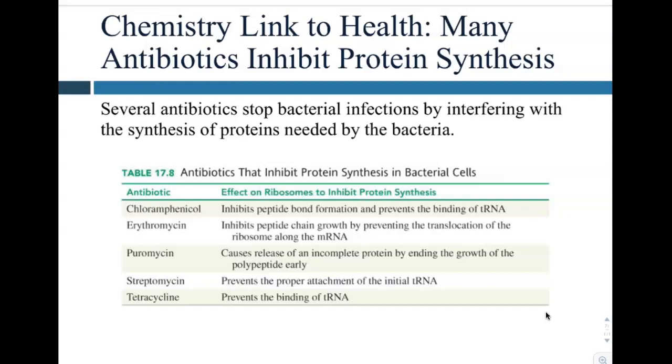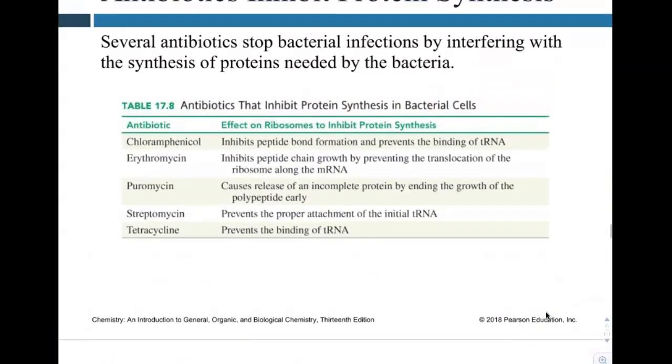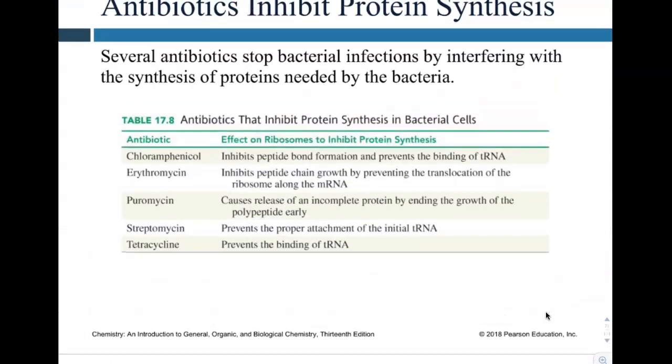And so here's some different antibiotics and how they actually get rid of the bacteria, and they keep the bacteria from doing its thing, synthesizing its proteins. If you can't synthesize your proteins, you'll die, so it's killing the bacterial infection. Have you ever taken any of these? And that's what it's doing to the bacteria in your body.